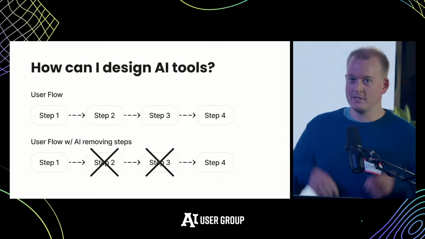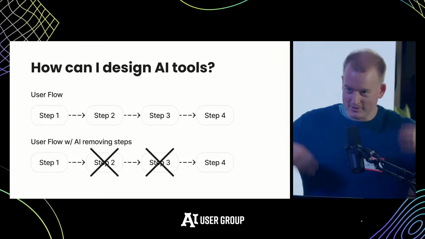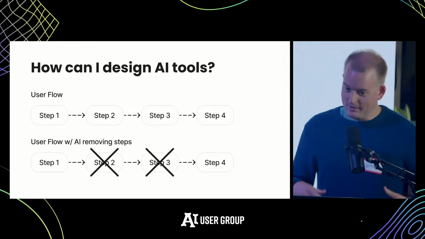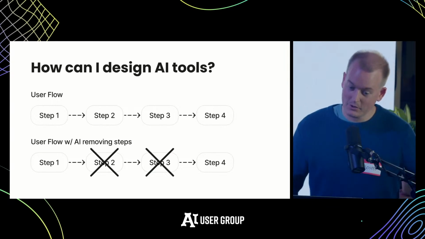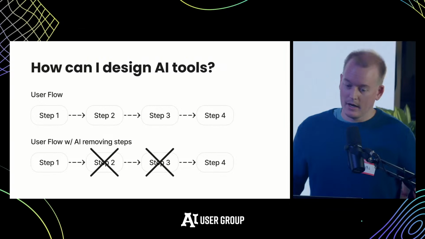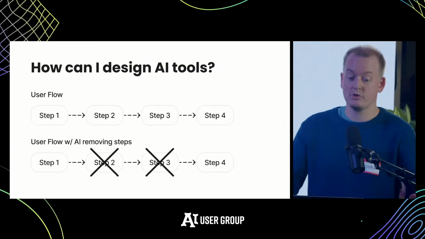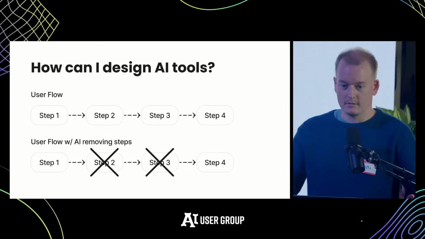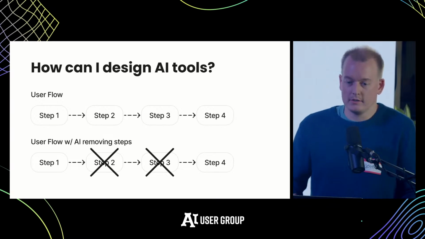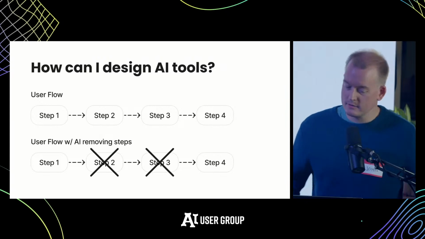If you're just thinking about features and adding all these steps for the user, are you really helping them, or are you making it more difficult for them? So for me personally, going forward, this is what I'm shooting for: what is the flow that someone is already doing, and can I just take a couple steps away with AI? That's all I'm looking for.